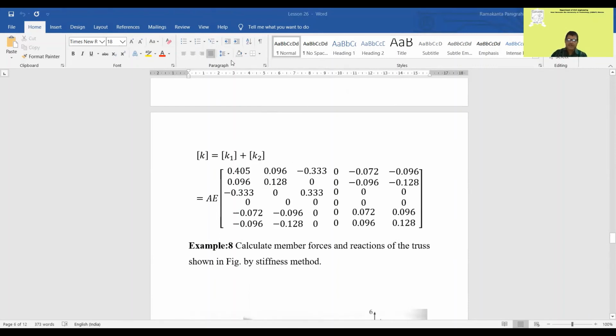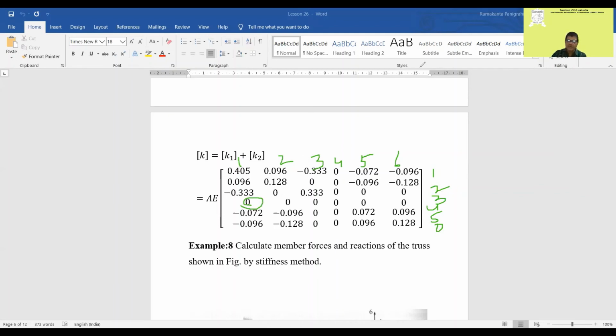Now let me check another thing. With 1, 2, 3, 4, 5, 6 and 1, 2, 3, 4, 5, 6, suppose you are interested in K14. We find it in 1, 2, 3, 4.